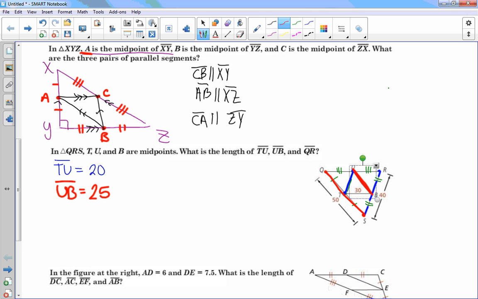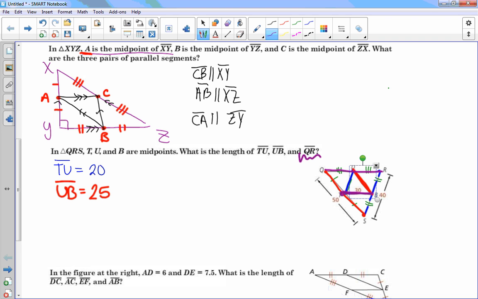Okay, one more then. I'm missing this one. Oh, actually, we know this one. TB is how much? 30. So Emily, what is parallel to TB? QR. So it looks like we're trying to find the length of QR.